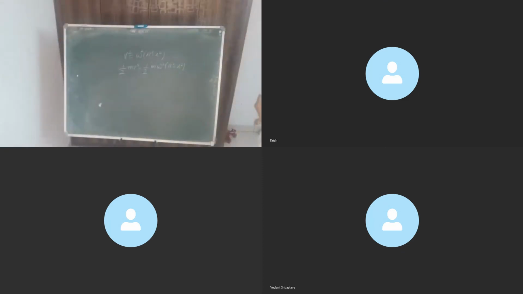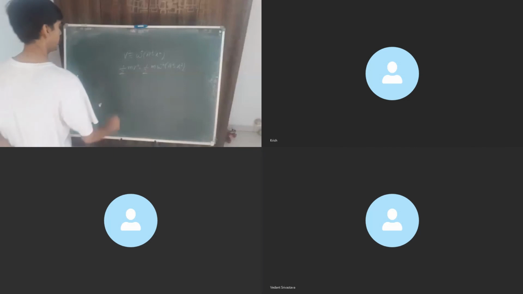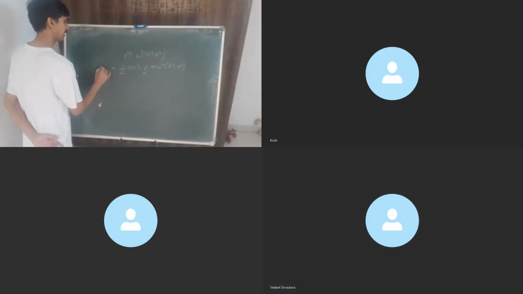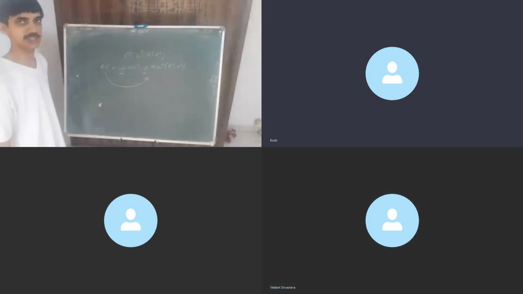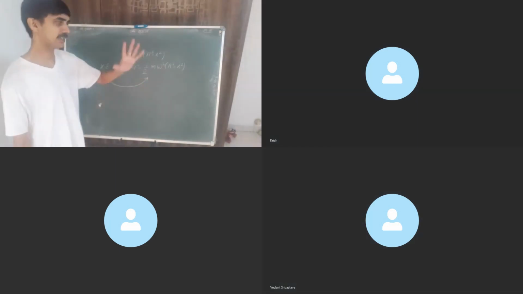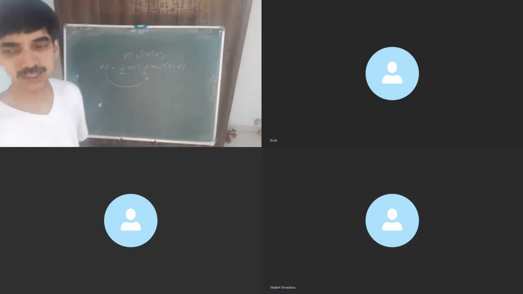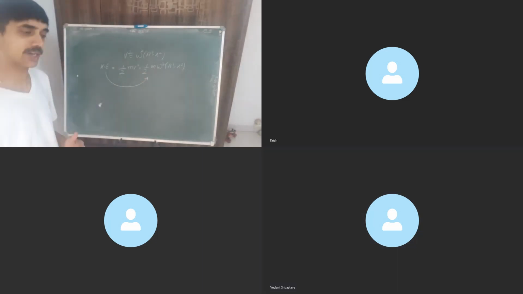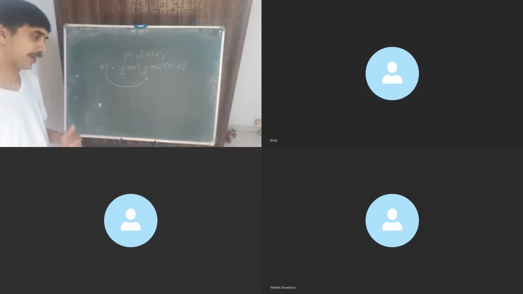So the kinetic energy of a particle executing simple harmonic motion varies with x, taking this form: half m omega square a square minus x square. Got it?